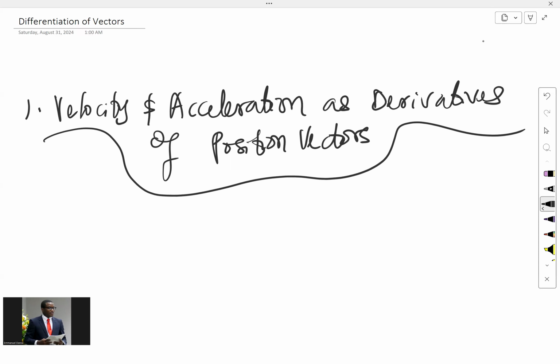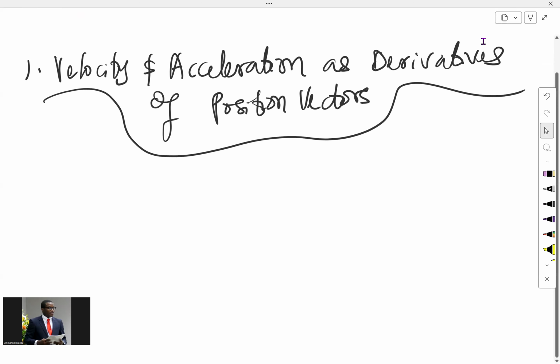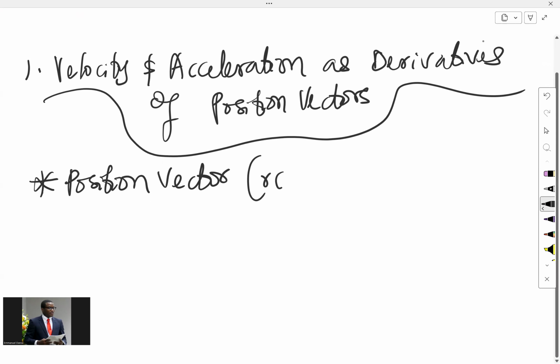Okay, we have that. So generally speaking, we need to pay attention to the idea of position vector, which can be represented as r of t or sometimes s of t.